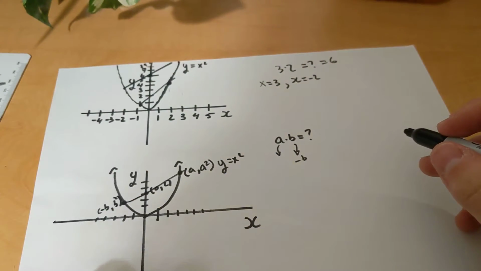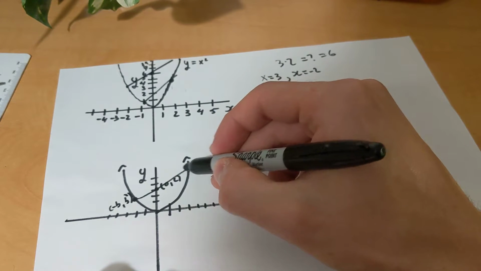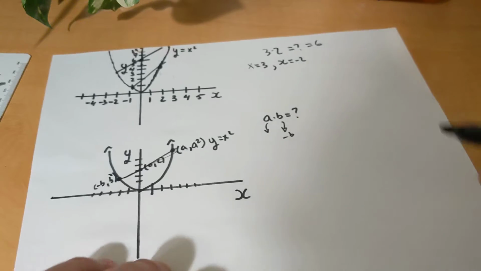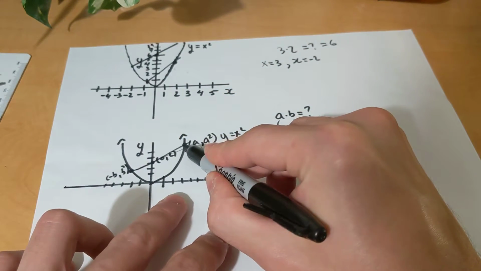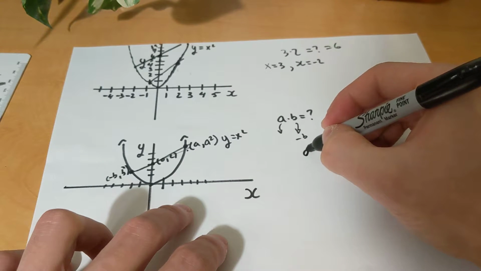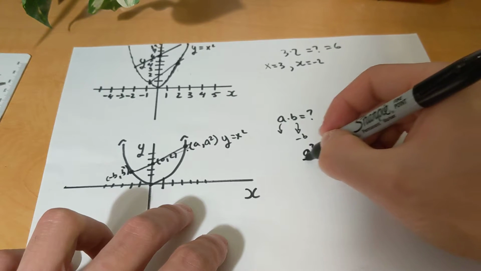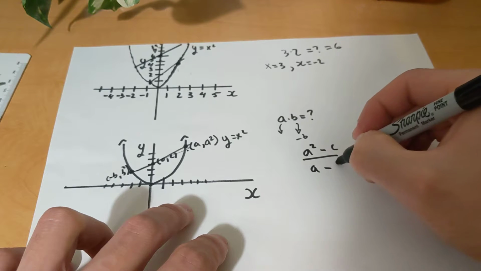Well, look at this. What is the slope of this one? We'll find the slope of this one and set it equal to the slope of this full thing. So the slope from this point to this point is equal to a squared minus c, all over a minus 0.